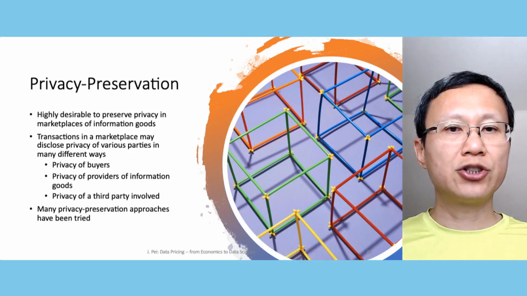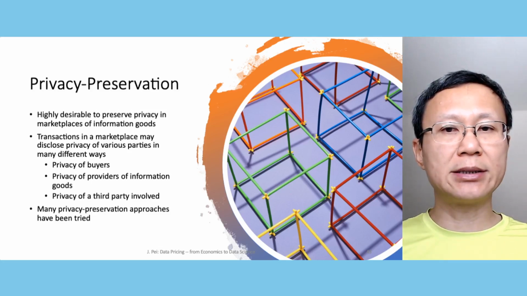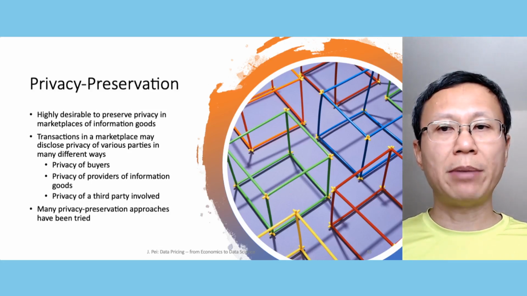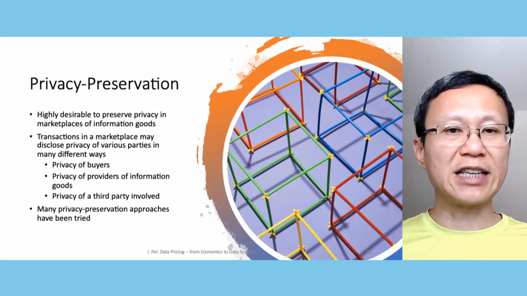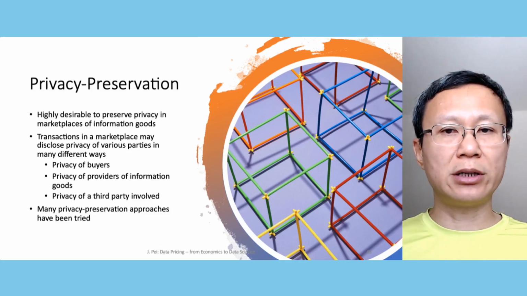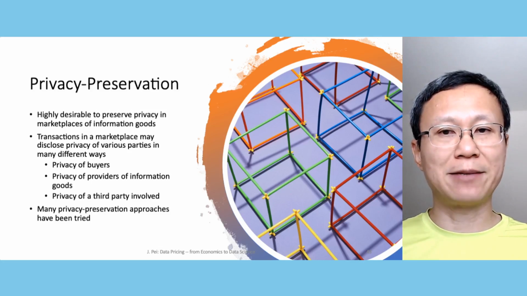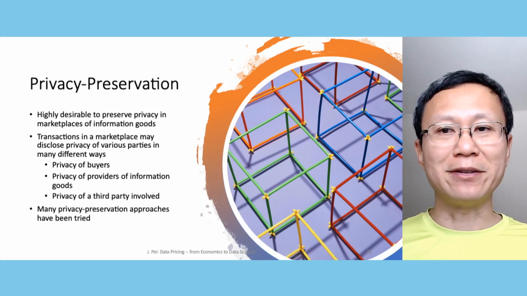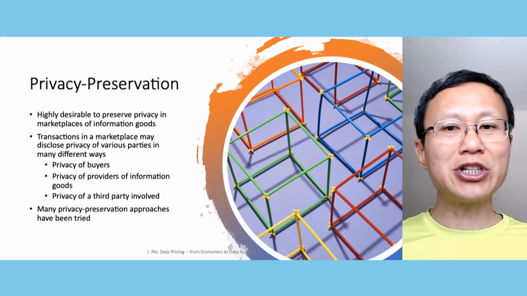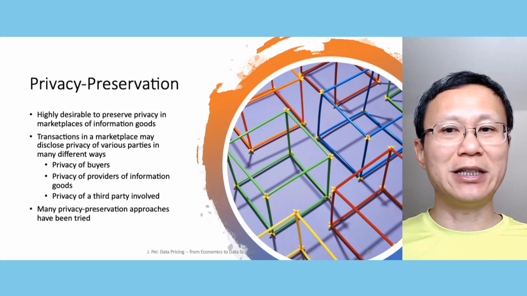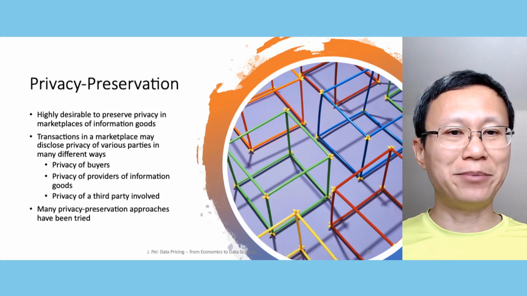Last, transactions in marketplaces may also disclose privacy of a third party involved. For example, an AI technology company may provide machine learning model building services to data product buyers. However, machine learning models may be stolen, which is regarded as the privacy of the AI technology company.